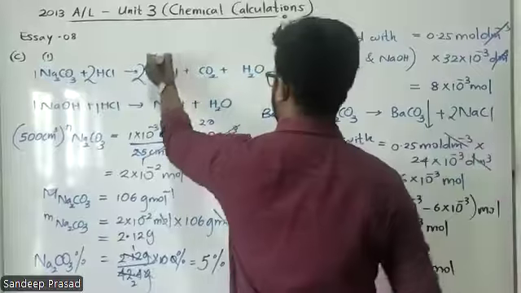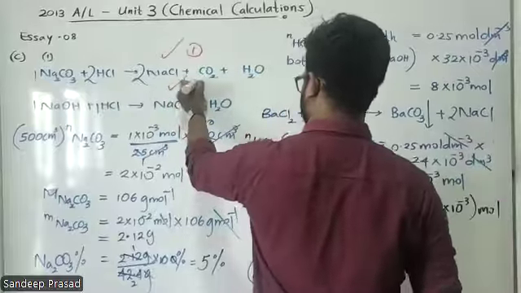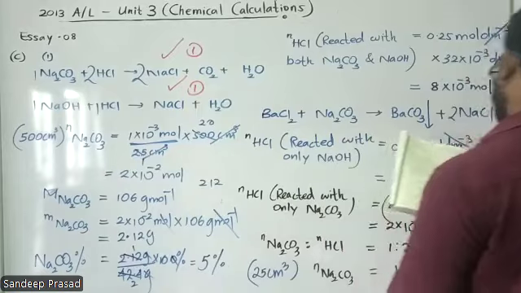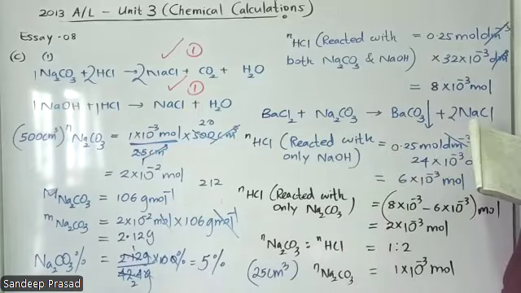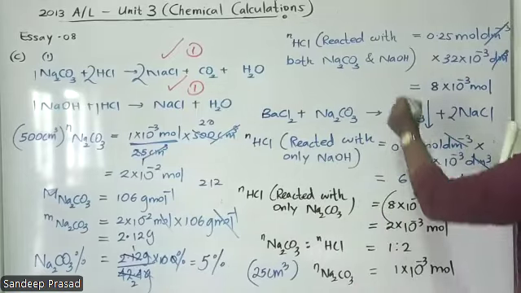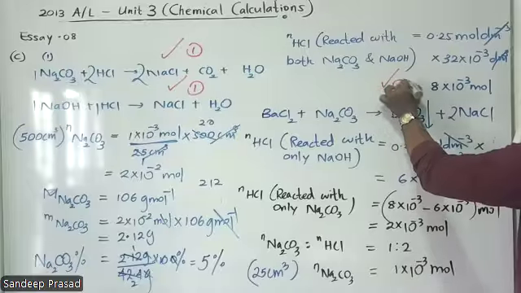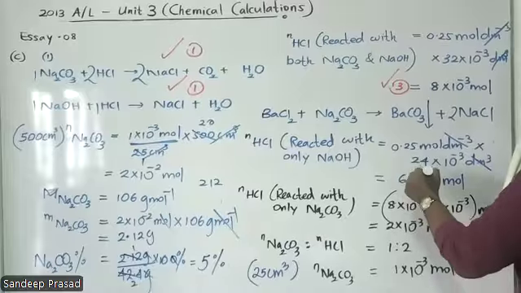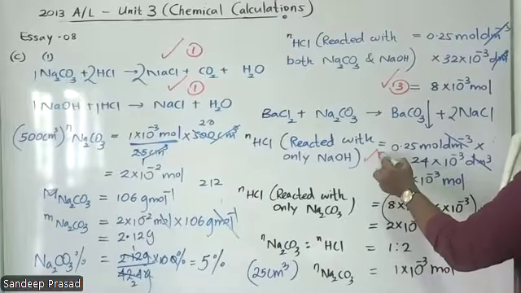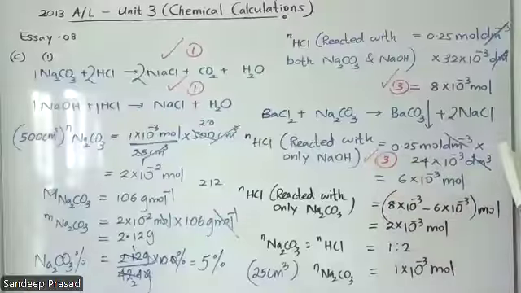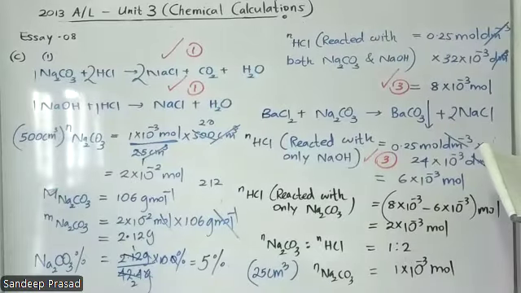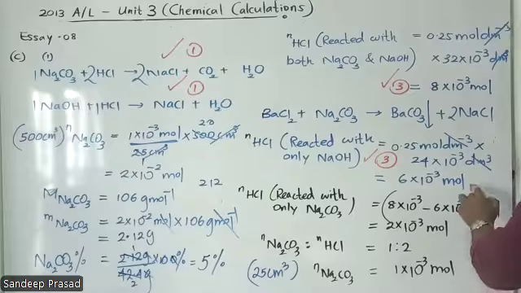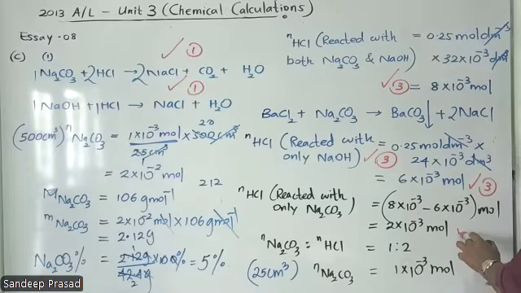So let's see how they have allocated the marks for these things. For writing this reaction, they have given 1 mark. For finding the number of moles of HCl reacted with both sodium hydroxide and sodium carbonate, 3 marks. For finding the number of HCl consumed to react with only sodium hydroxide, this one, and for taking these two differences, 3 marks. Finding this number of moles, 3 marks.